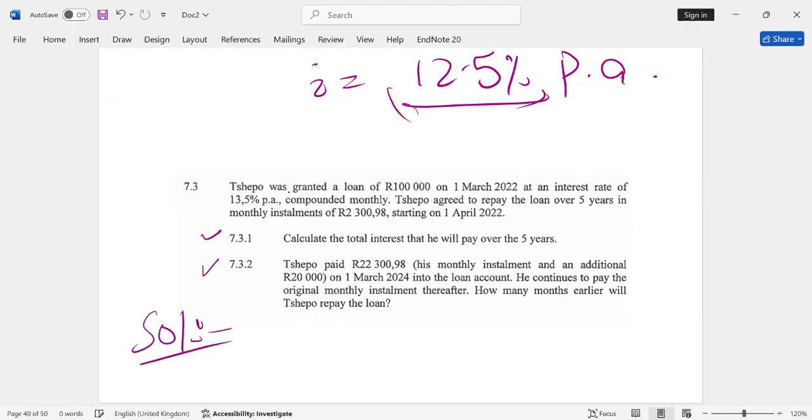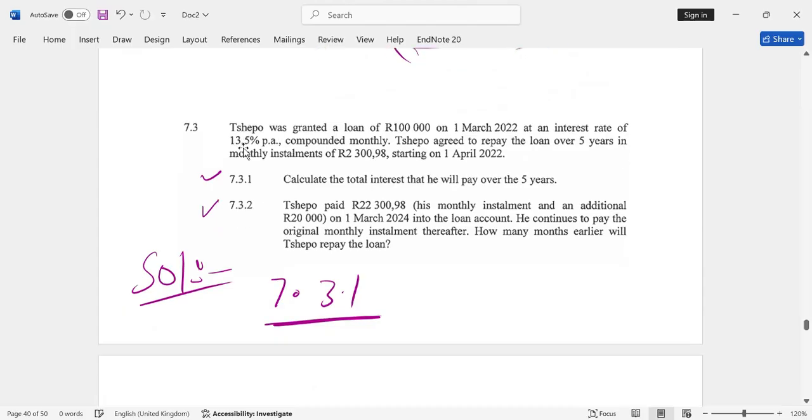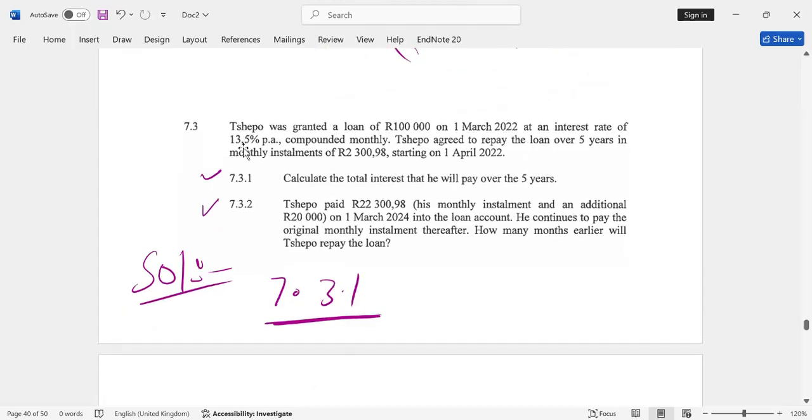This is 7.3.1. Okay, so Tishipu's loan is R100,000, and he repaid it over 5 years in a monthly installment of R2300.98.